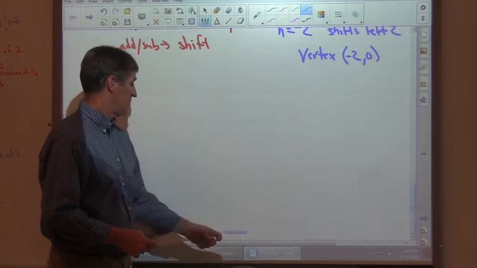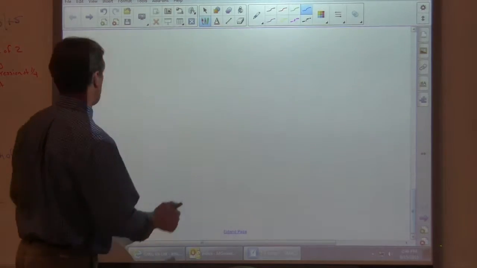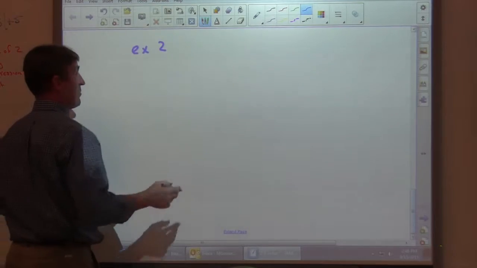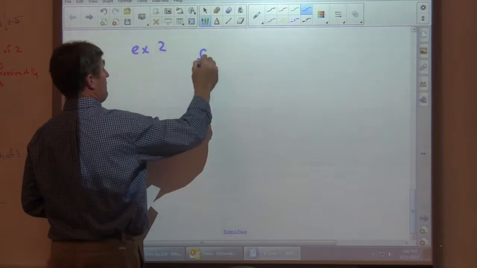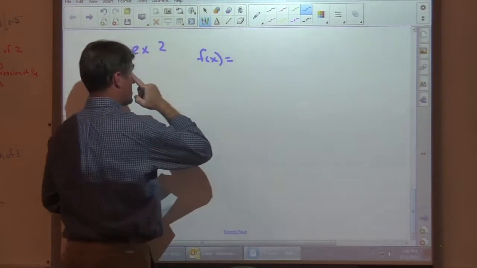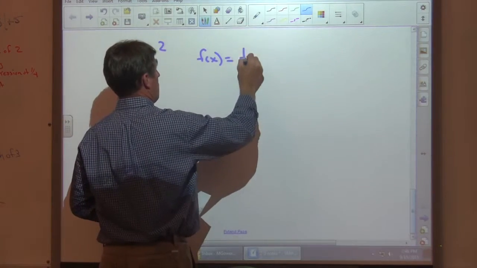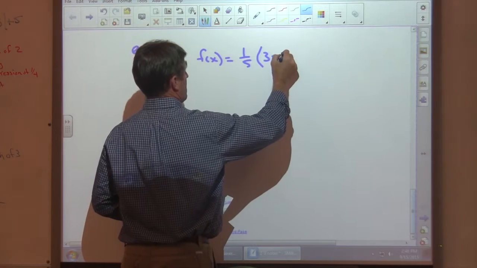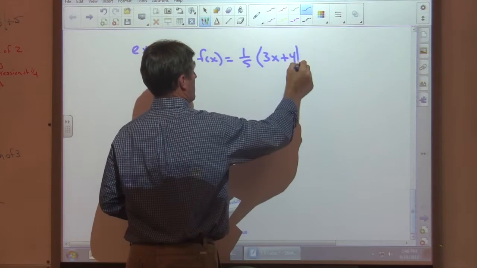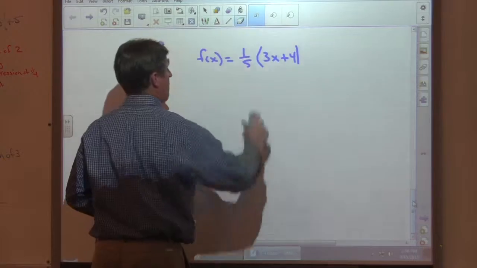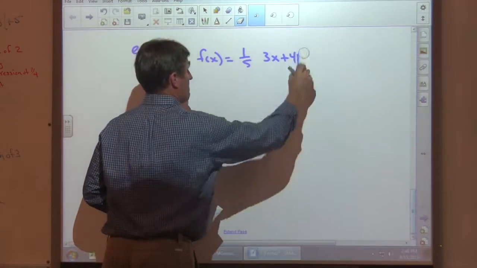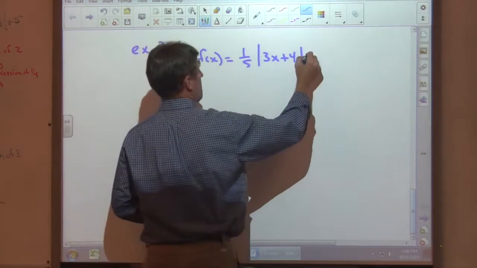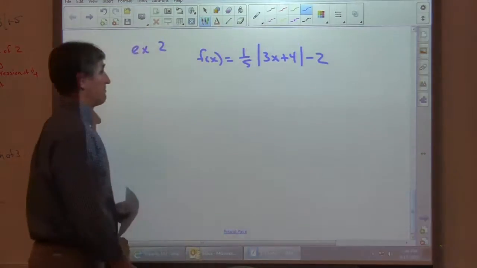Let's do another one. We're going to do 3 of them. So the second one, example 2, we'll make this a little more difficult. Let's go f of x equals 1/5 (3x plus 4) minus 2.